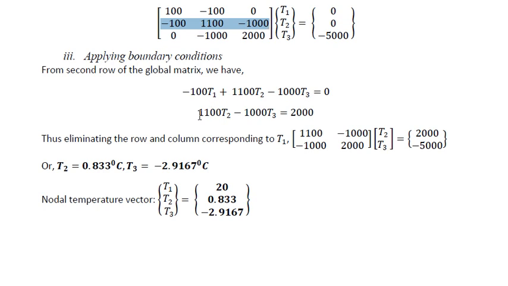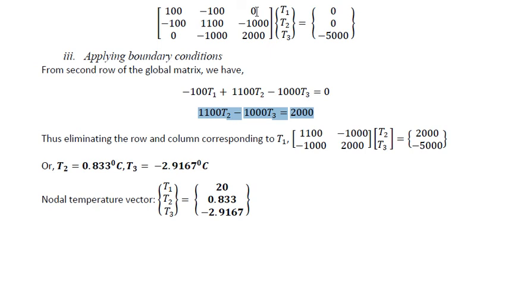This equation is the same as the second row equation, so the second row can be replaced with this equation where there is no T1 term.